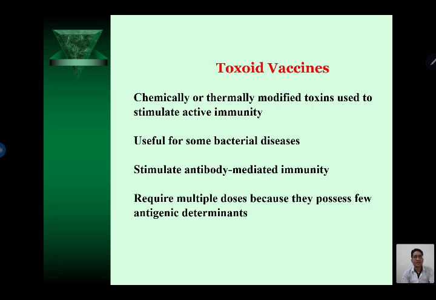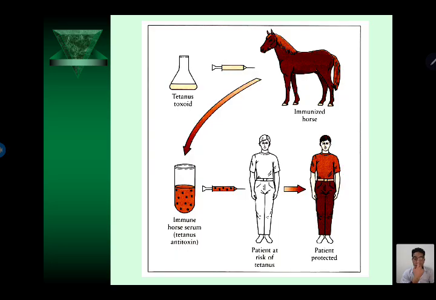On the other hand, immunoglobulins and tetanus toxoid vaccines. So in this picture you can see the tetanus toxoid given to the immunized horse, then the immunized horse serum returns antitoxins, and the patient at risk of tetanus is protected.